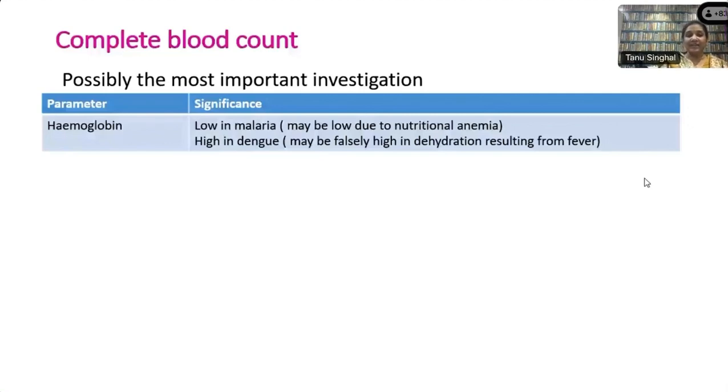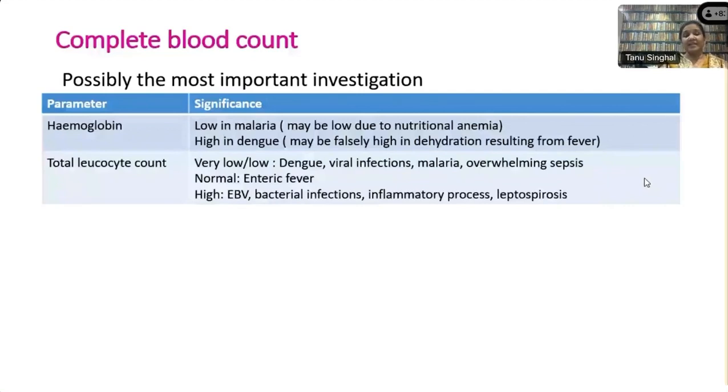Then the next parameter is the total leukocyte count, which is very important. Now, again, you will see that the total leukocyte count can be very low or low in many infections, especially tropical infections like dengue, chikungunya, influenza, acute viral hepatitis. In malaria, you have a low WBC count, and sometimes in overwhelming bacterial infections, you can have a low white cell count, which is actually a poor prognostic marker.